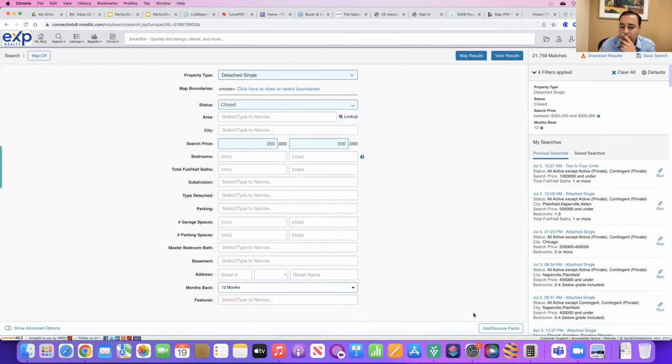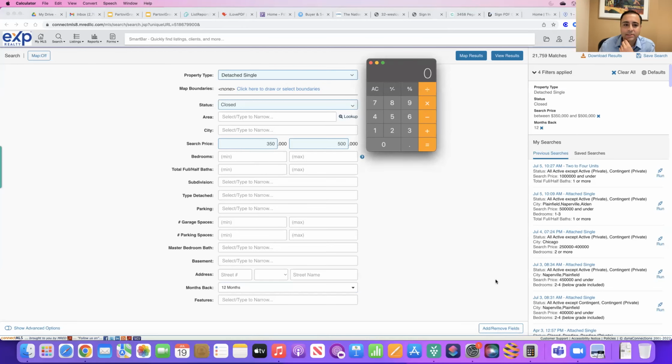Let's see what that gives us. Okay, so in the past 12 months, detached, which means single family homes, in the 350,000 to 500,000 price point was 21,759. We're going to divide that by 12. So approximately 1,813 homes sold per month.